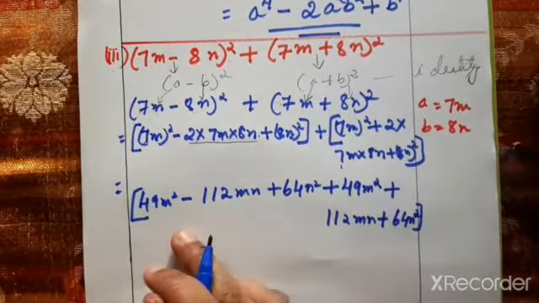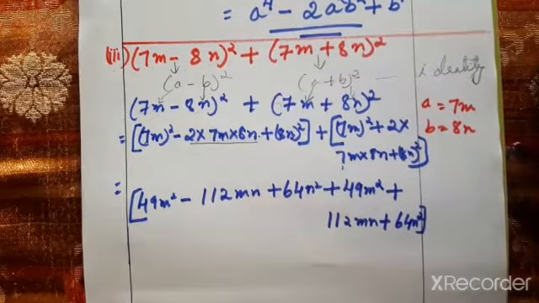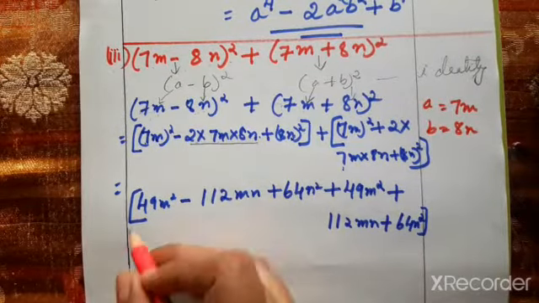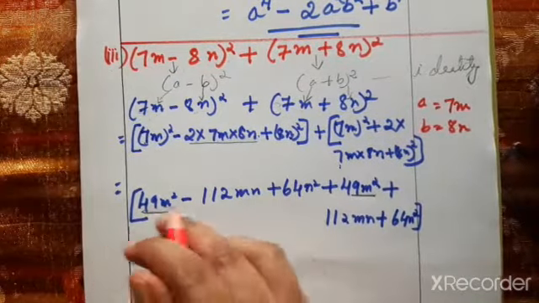Here, like terms means same variables, same letters, numbers with the same letters. 49m² and 49m² are same family members, so they are like terms.